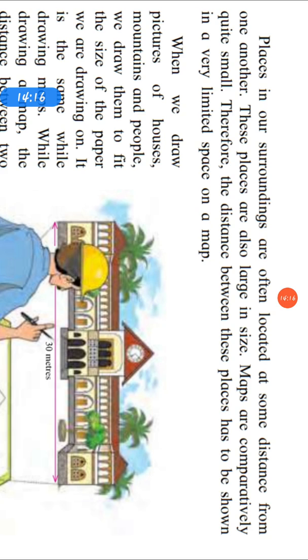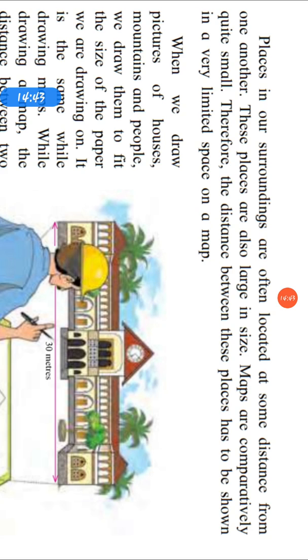They are often located at some distance from one another, meaning the distance between one building to another building may be 5 meters, there may be 10 meters. So these places are also large in size. The area of that building or place, the distance between those buildings, are large in size.